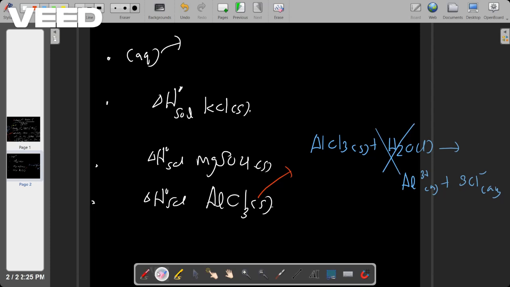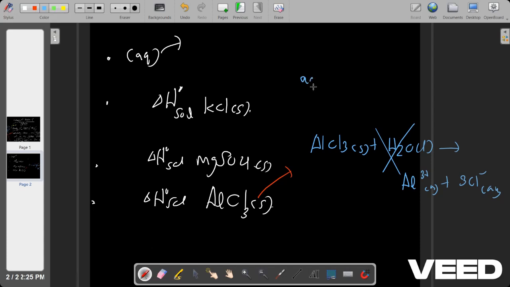So that is why you must remember. And then why do we add aqueous? We could have said directly water. Here, AlCl3 solid, to this solid we are adding aqueous. Only aqueous.